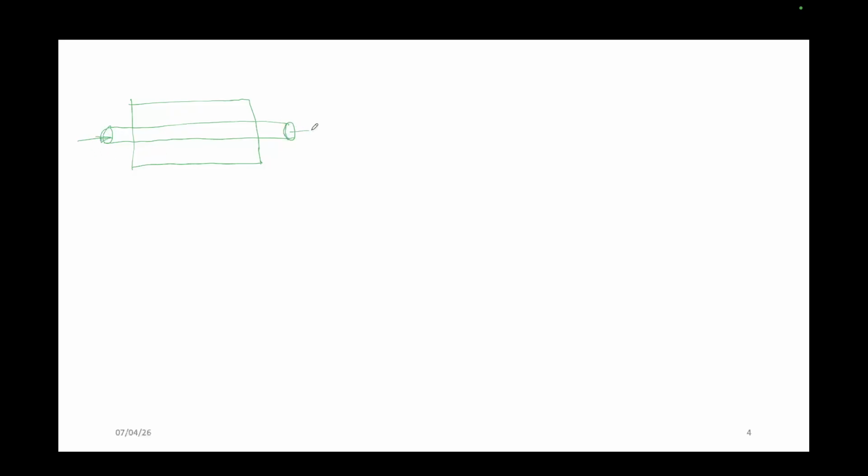Outside, this is the inlet and this is your outlet. If the fluid is flowing in this direction, let me represent it in red color so that you understand that it is a hot fluid.